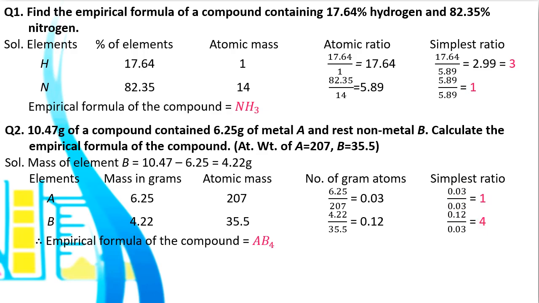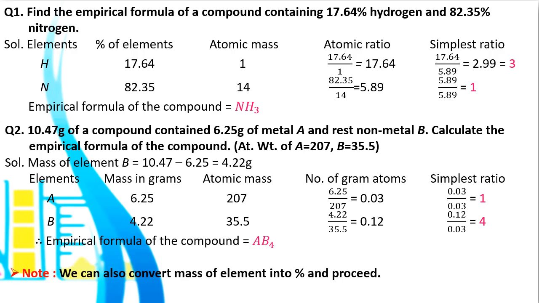So there is 1 atom of element A and 4 atoms of element B. Hence the empirical formula of the compound is AB4. And here mass was given in gram. You can convert it into percentage and you can proceed with the same process.